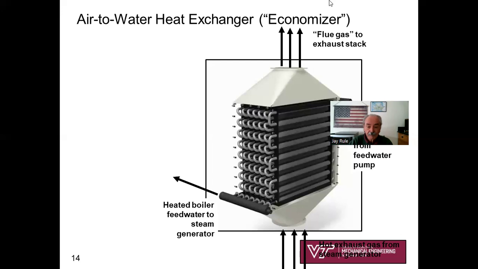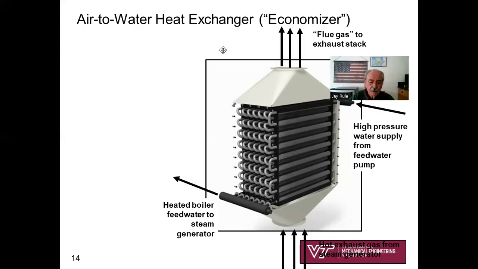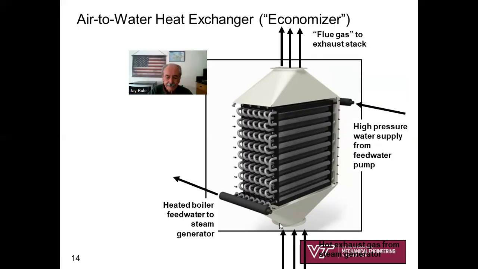This is an example of an air to water heat exchanger. It's part of a power plant that recovers energy from hot exhaust gas. We've got hot exhaust gas from a boiler coming in here, extraordinarily hot. It's being cooled down, and this is going to the exhaust stack.